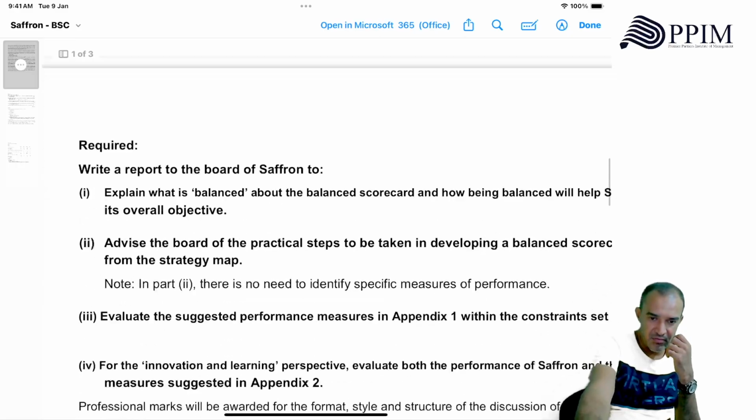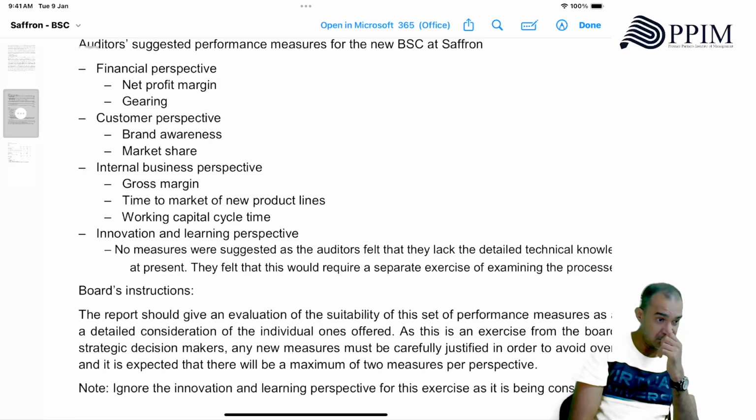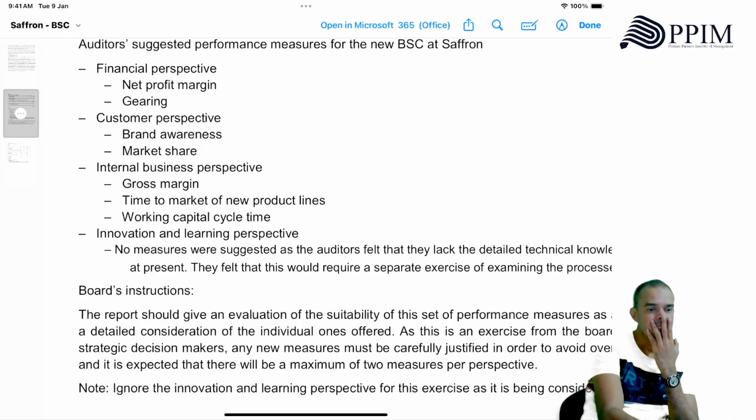Innovation for competitive advantage. Gross margin.